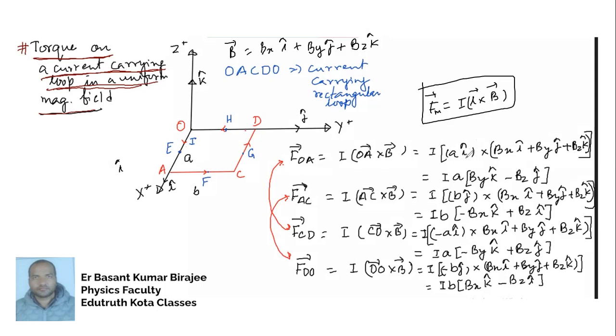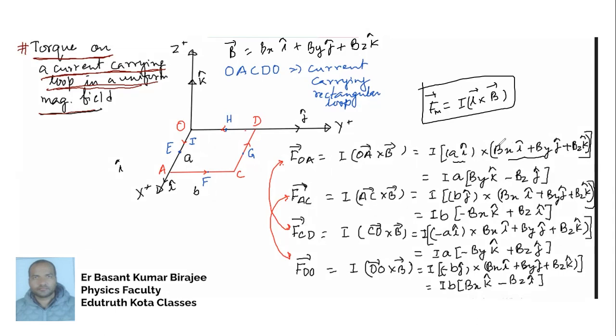That's why we took the unit vector i cap. And your magnetic field is Bx i plus By j plus Bz k. Now, what will you do? You will simply take a cross product of these two quantities, your length vector and your magnetic field.